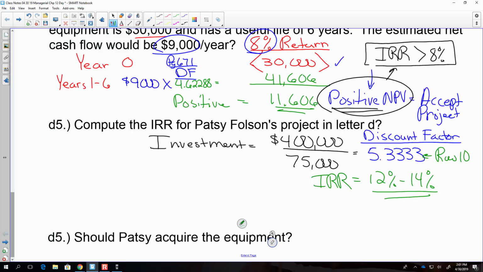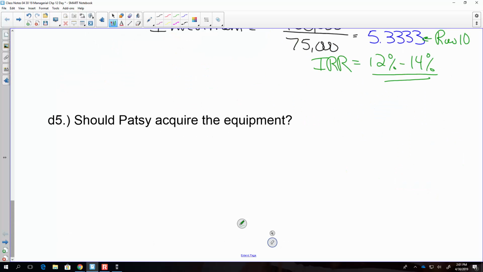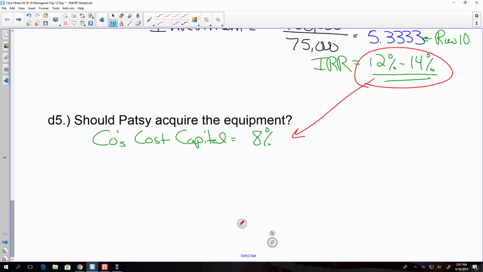But I want to answer the question. The company's desired rate of return, or cost of capital, to answer the last question, is, in the paragraph, 8%. So knowing that the internal rate of return is between 12 and 14, should we take the project on?